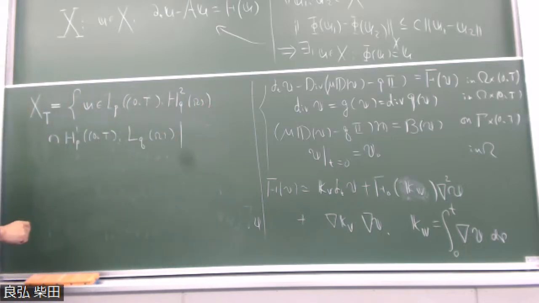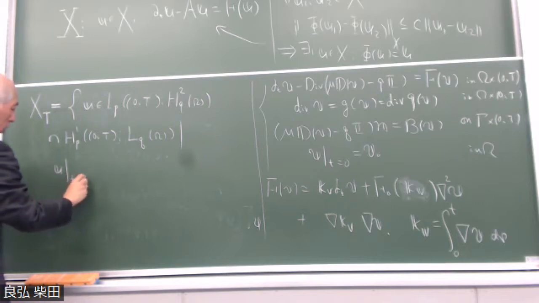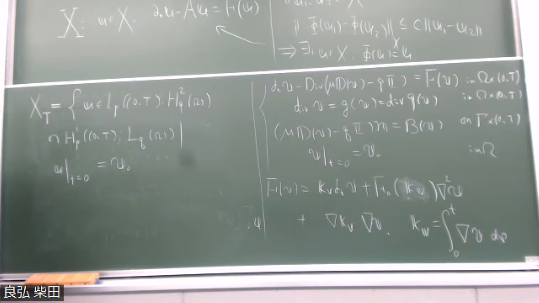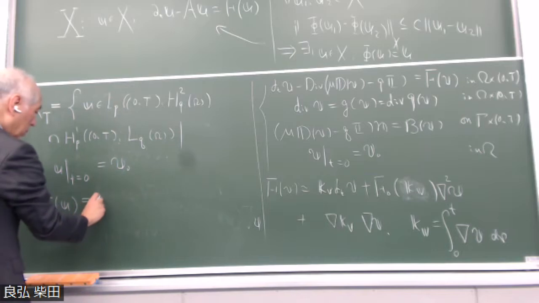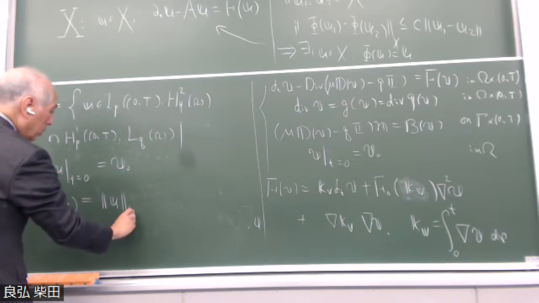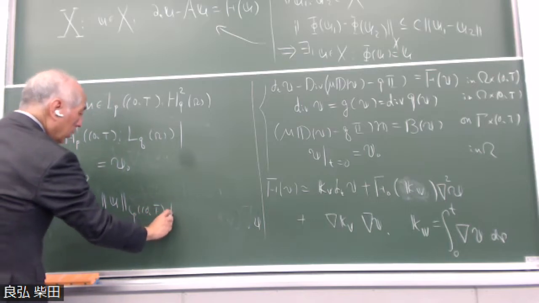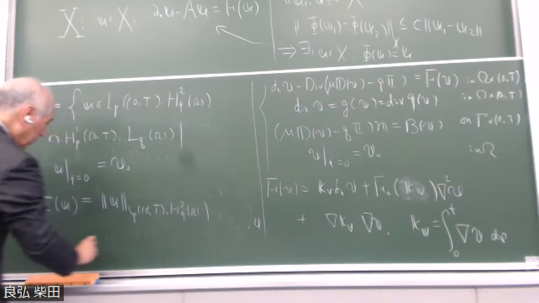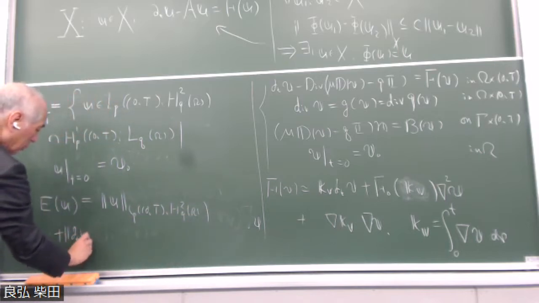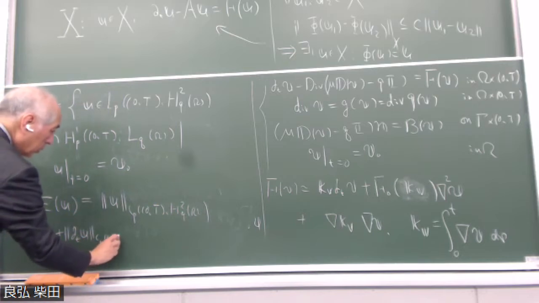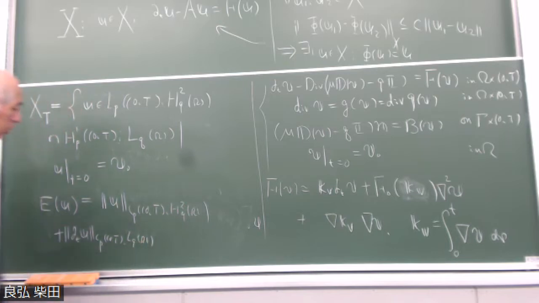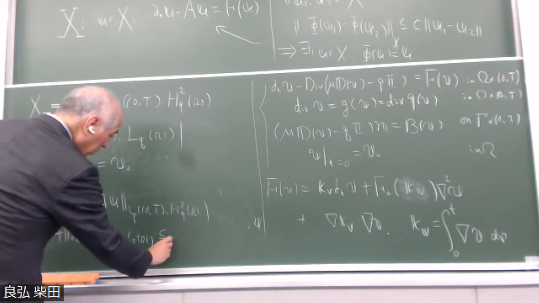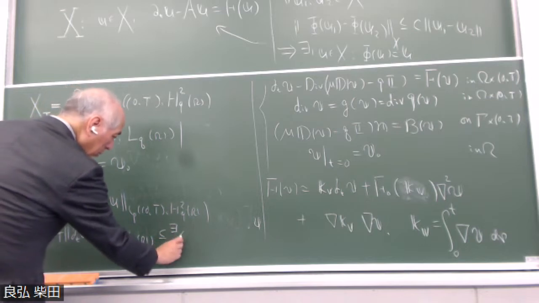And then the requirement is that the initial data at t equals 0 is our initial data v0, and the energy of u is finite. Now the energy is this: the norm of u in L_infinity(0,T; L_q(Omega)) plus the norm of dt u in L_p(0,T; L_q(Omega)). So the energy is this one.